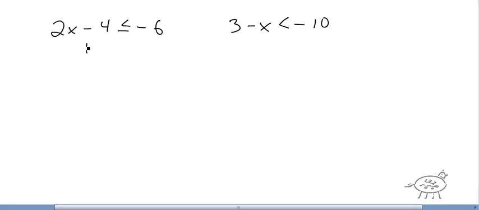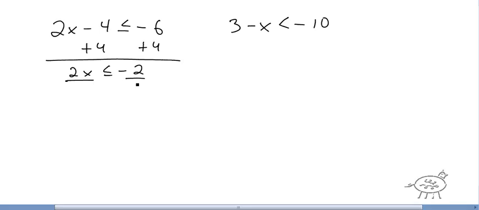Okay, so we're going to add 4 to both sides. So you get 2x is less than or equal to -2. Divide both sides by 2. We didn't divide by a negative, so we keep the inequality sign the same way. X is less than or equal to -1.